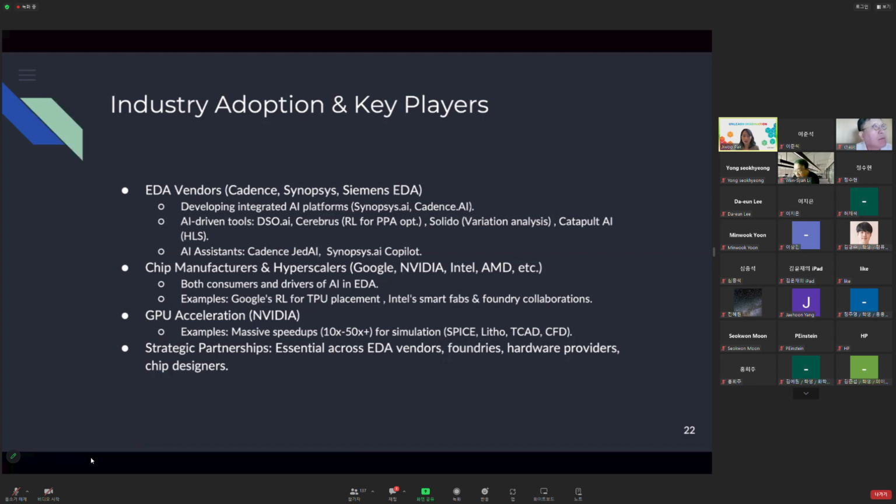And then chip manufacturers like Google, NVIDIA, Intel, AMD. So they are also internally using AI, just like AlphaChip. That was coming from Google, who is actually designing the chip. So they are also working on that. And then GPU acceleration. NVIDIA is actively doing research in this area.